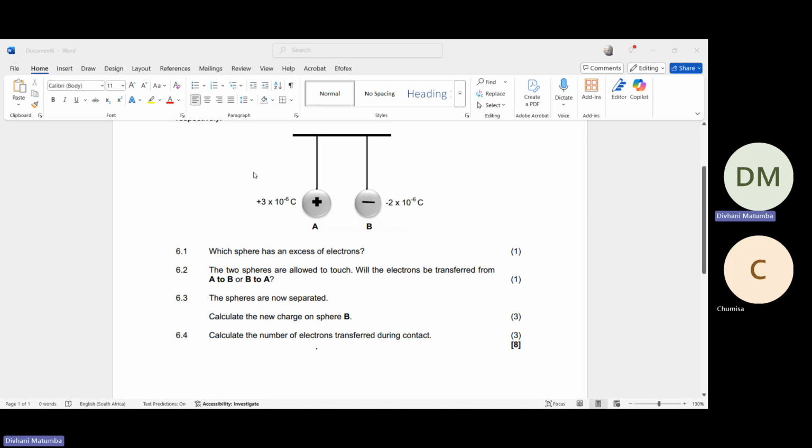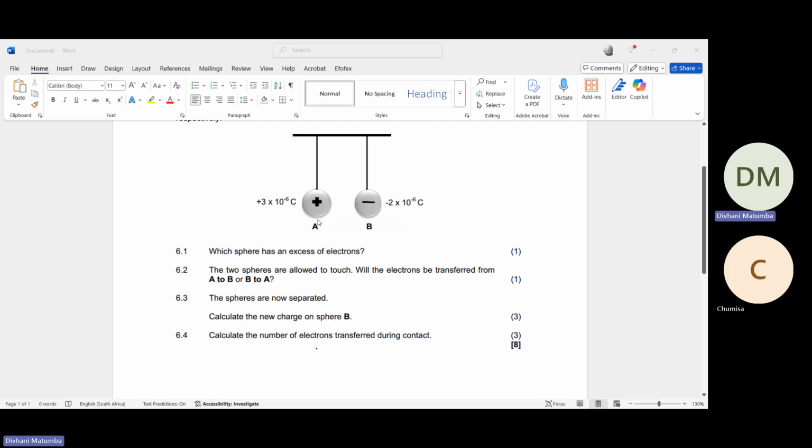Where there are a lot of electrons, the electrons will migrate to a place where there are fewer electrons, until the 2 spheres have the same charge, meaning that the potential difference will be 0. That means there will be no more electrons moving from one sphere to another, because why would they move when both spheres have the same charge? There won't be any need.